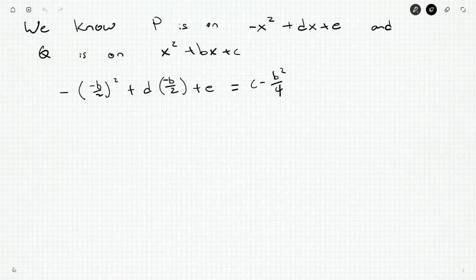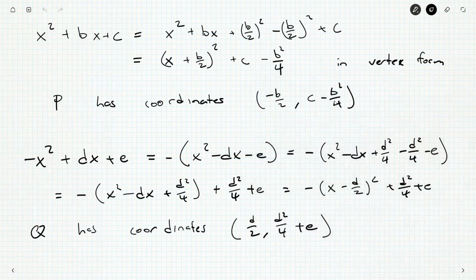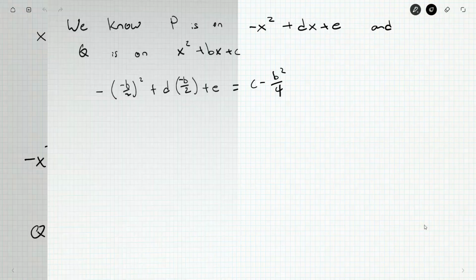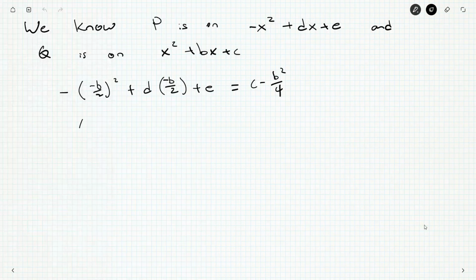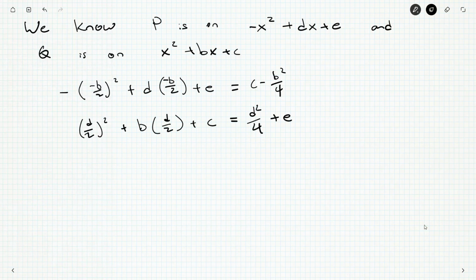Correct? Yep, c minus b squared over 4. So plug in the x value, you get the y value out. And we can do the same thing down here with our d over 2 and our d squared over 4 plus e. So we know that d over 2 squared plus b times d over 2 plus c is equal to d squared over 4 plus e.